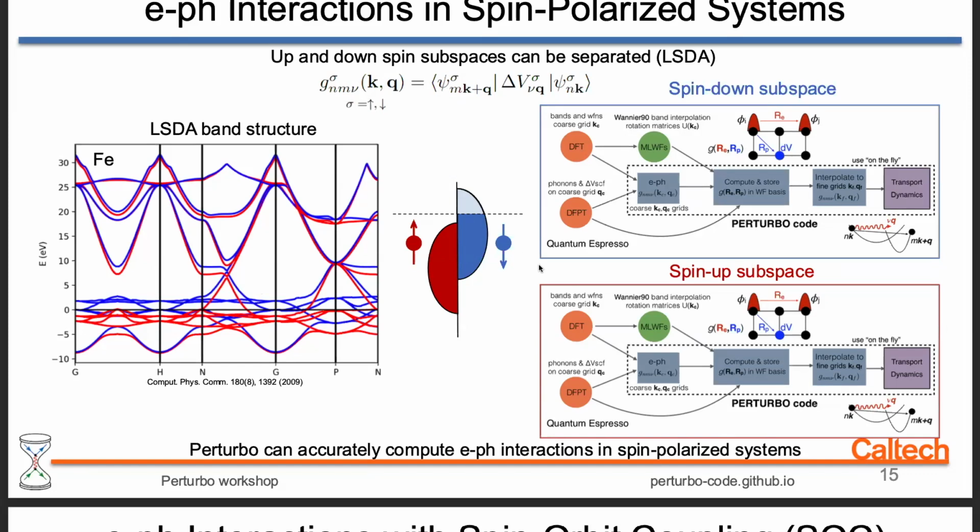So it almost performs like two copies of the same workflow. This is an example for iron, right? You have the red spin up and the blue spin down subsystem. And so that's implemented in Perturbo to treat spin polarized systems.